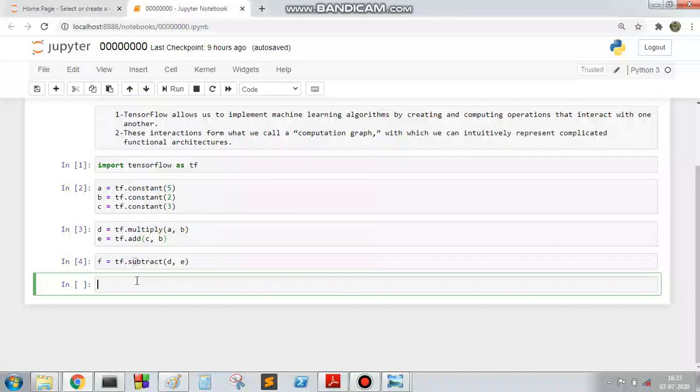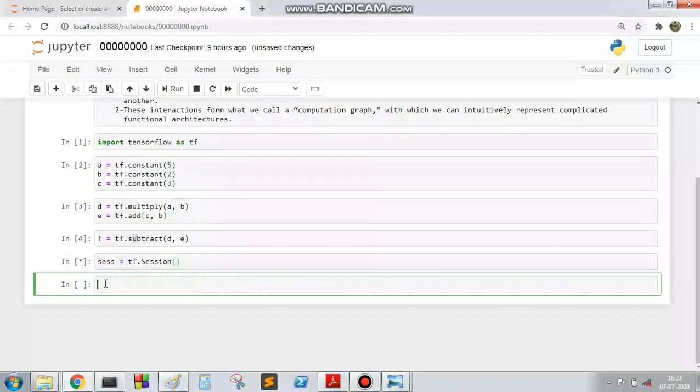Now we are going to run the computation that it represents. Suppose I want to know what the output of node F actually is. For that we have to run a session. So I am creating a variable session equal to tf.Session.